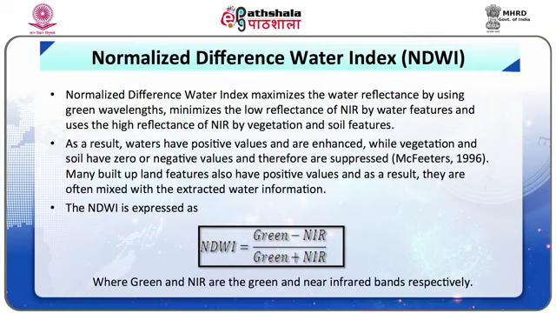As a result, water has positive values and is enhanced, while vegetation and soil have 0 or negative values and therefore are suppressed. Many built-up land features also have positive values, and as a result, they are often mixed with the extracted water information.